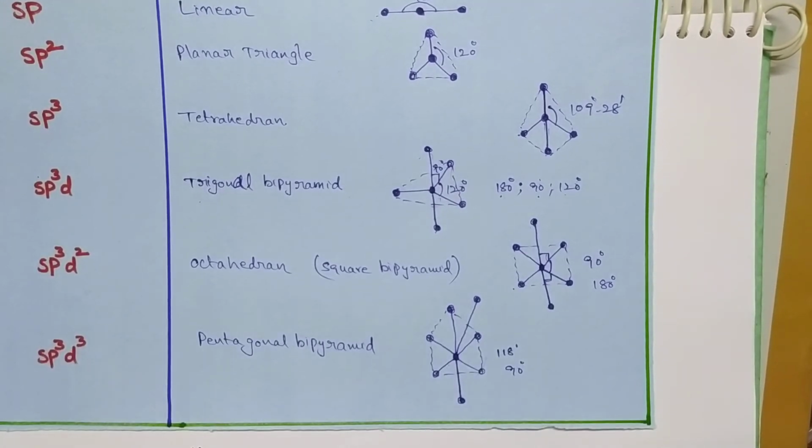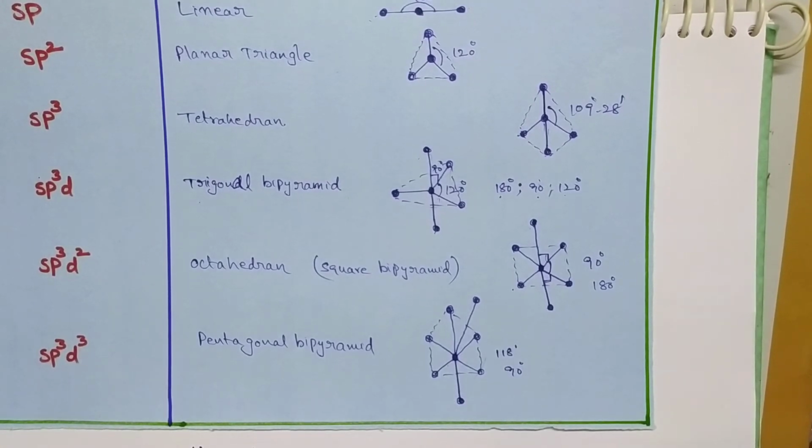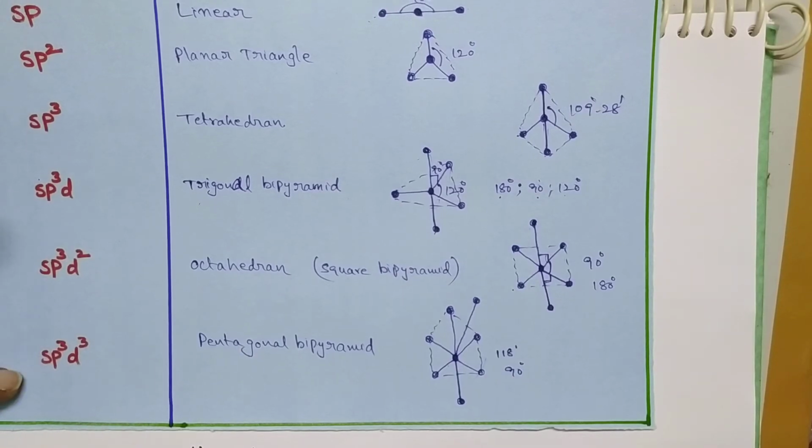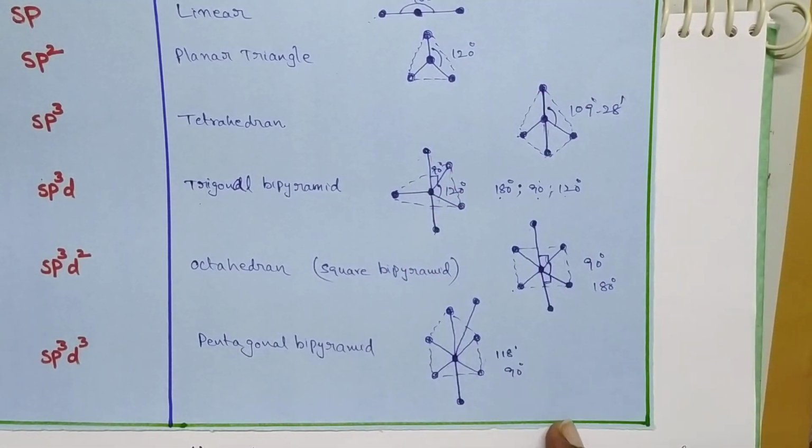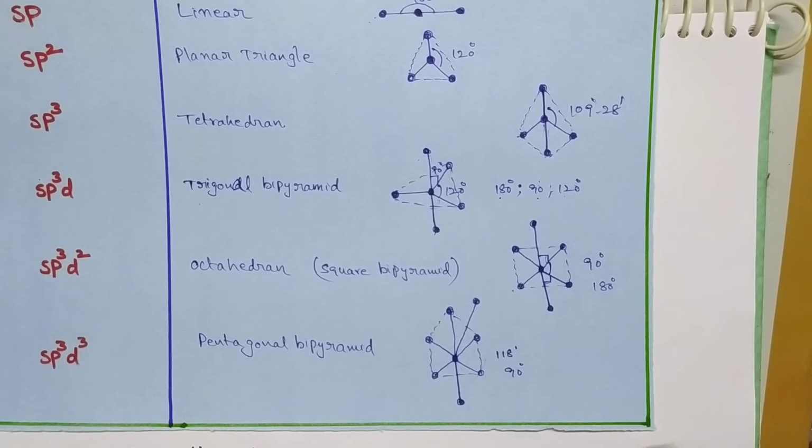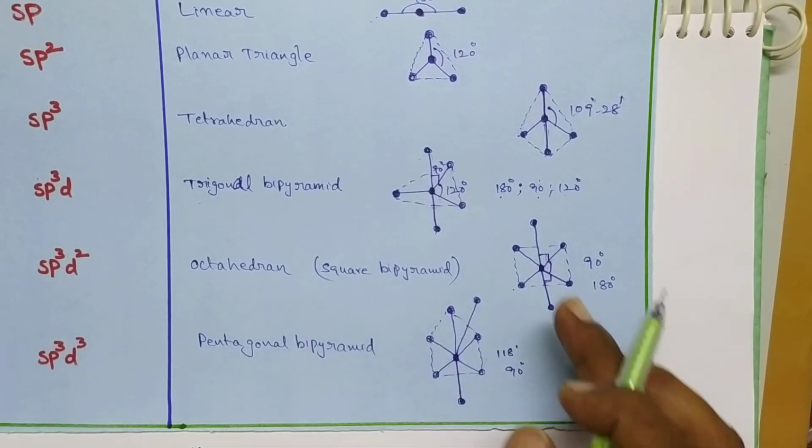So these are the different geometries for different hybridizations. So in general the hybridization is like this, the geometry will be like this. There are some deviations if there is any change in the atoms.